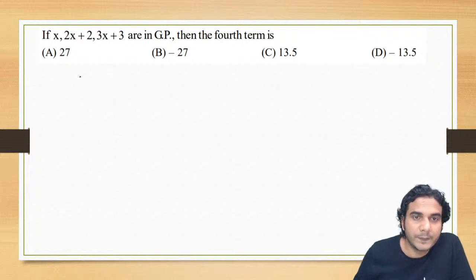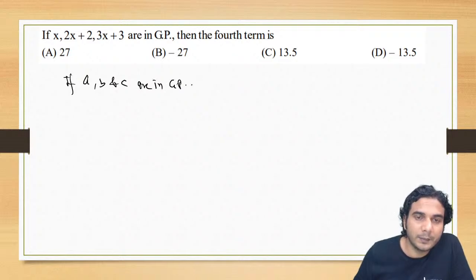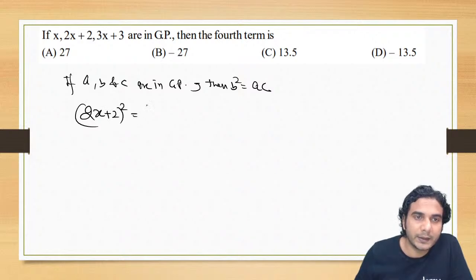Because 3 terms are in GP, if A, B and C are in GP, then B square is equal to AC, right? So hence you can apply that: 2x plus 2 the whole square is equal to x into 3x plus 3.